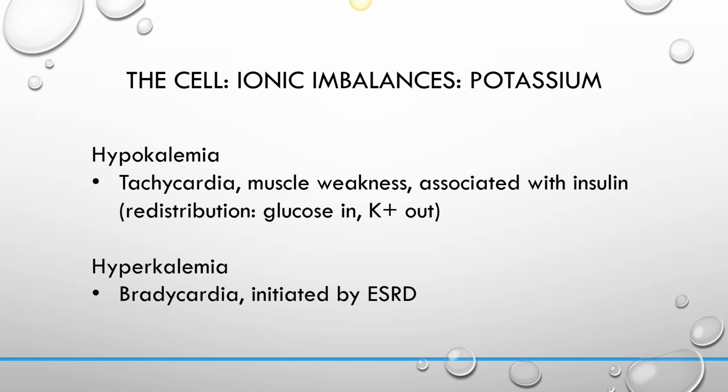So insulin fluctuations can cause hypokalemia. Hyperkalemia. Hyper, too much potassium, leads to bradycardia, so a slow heart rate, initiated by ESRD. So actually, in practice, when we euthanize animals, we usually euthanize with an overdose of potassium. We give them an injection of potassium, which stops the heart, causes bradycardia.